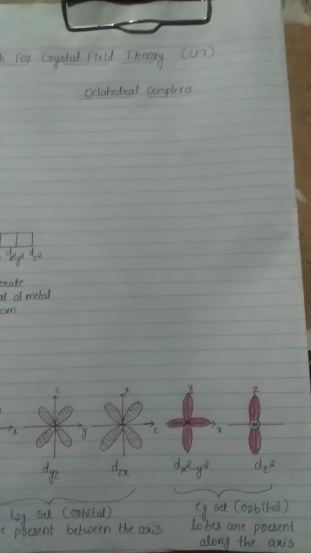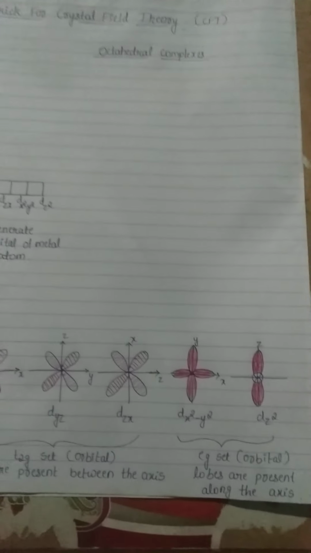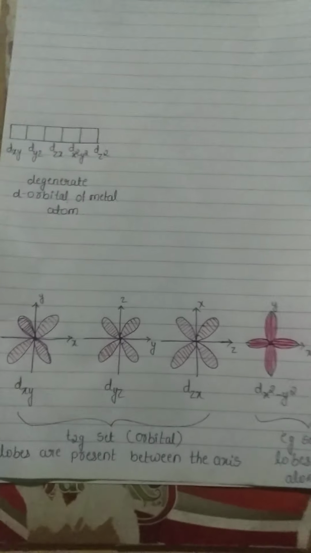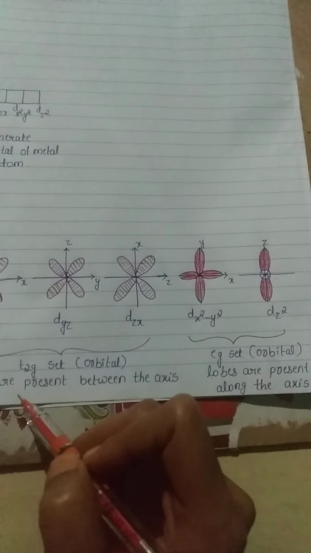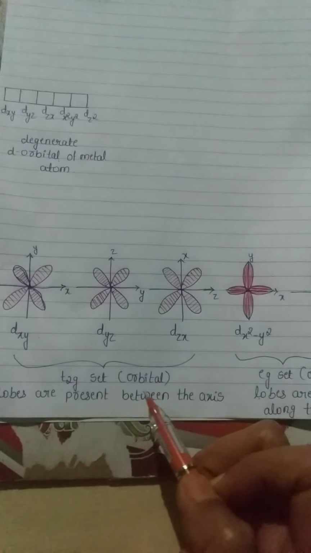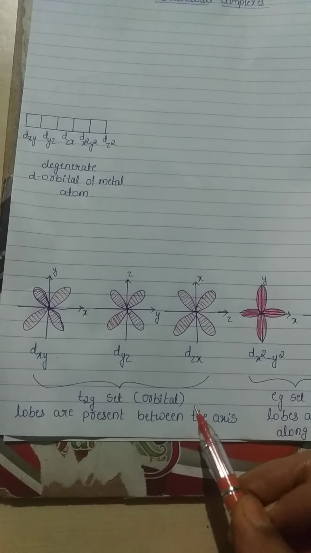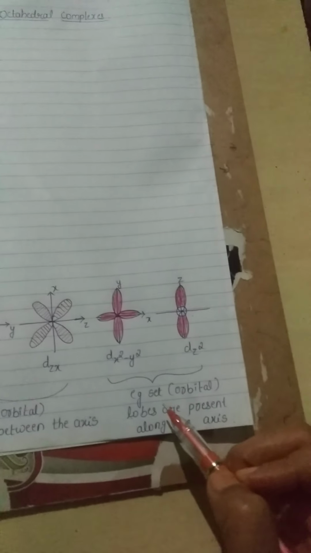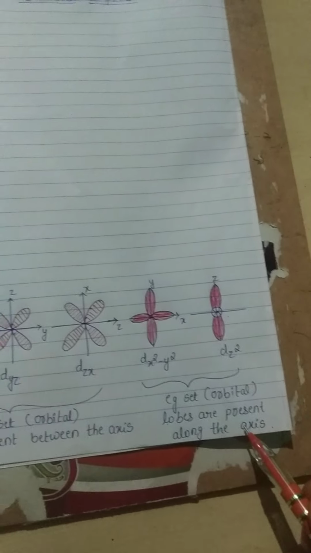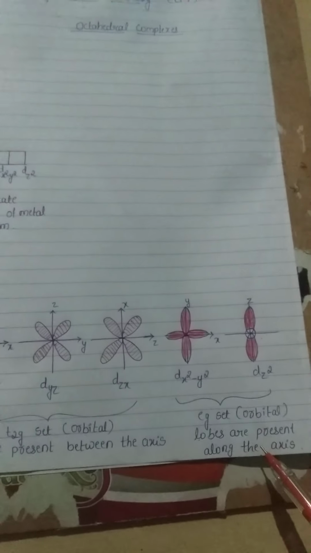If the lobes are between the axes, we call them T2G orbitals. According to spectroscopy, the lobes present between the axes are called T2G orbitals. The lobes present along the axes we call EG orbitals.